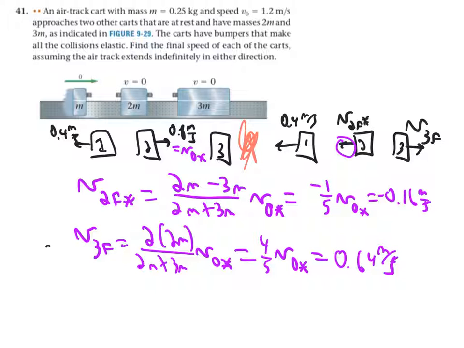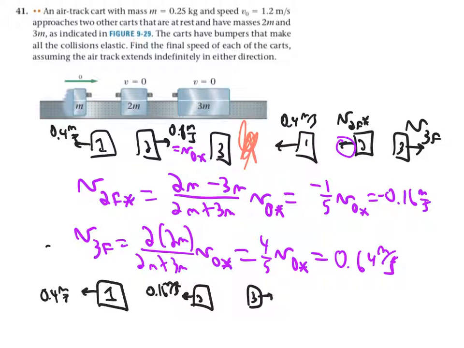So our final output is cart 1 moving leftward at 0.4 meters per second, cart 2 moving leftward at 0.16 meters per second, and cart 3 moving rightward at 0.64 meters per second. And we notice from these velocities they'll never collide again, which is good.